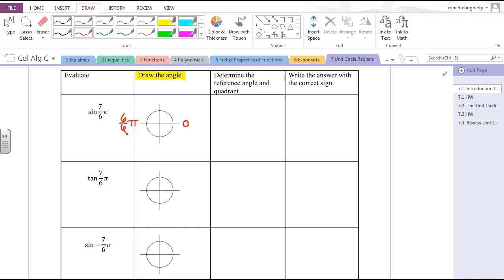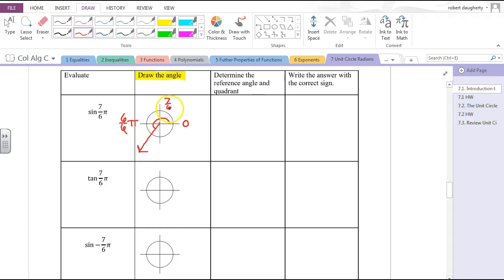Would it be in quadrant 2 or quadrant 3? Quadrant 3, because how far after 6/6 is 7/6? Well, there's a precise answer to that. Not 30. I'm at 6/6. How many sixths do I have to go to get to 7/6? 1/6 more. Okay, so this angle is right here.